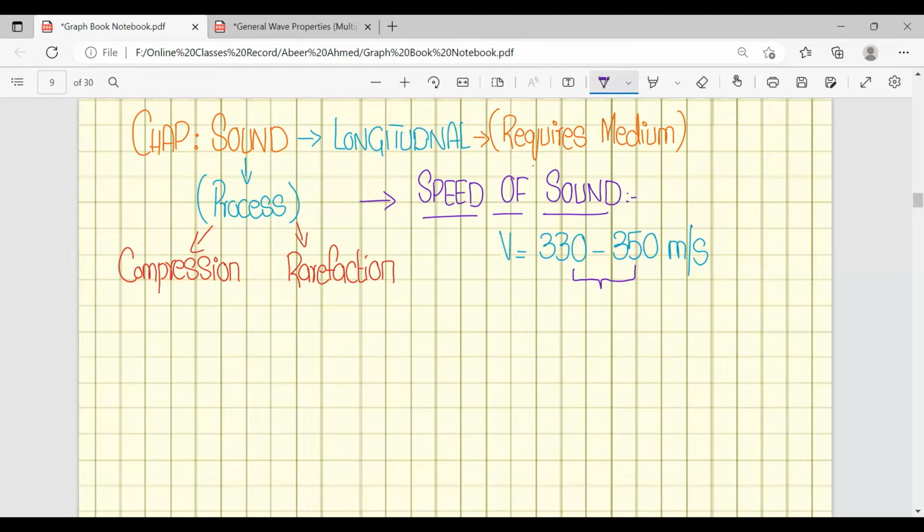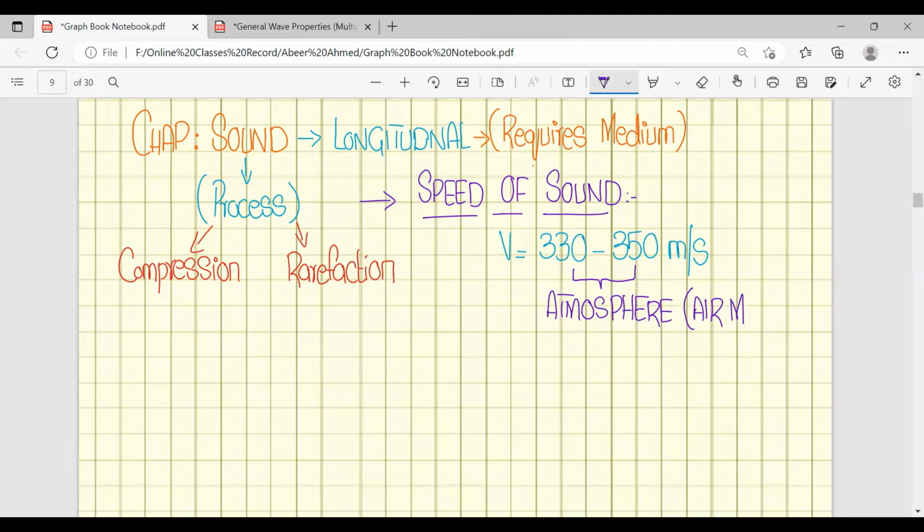Okay, let's suppose we take a daily life example. In our atmosphere, there are only air molecules, right? We normally experience the speed of sound in air.